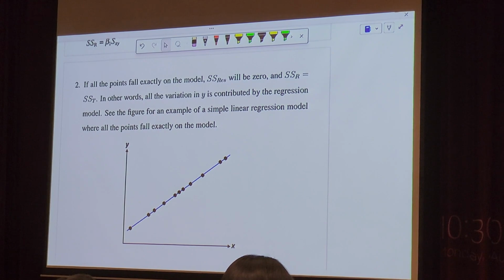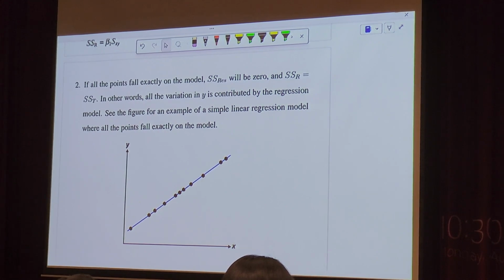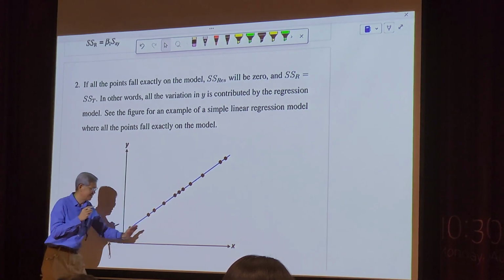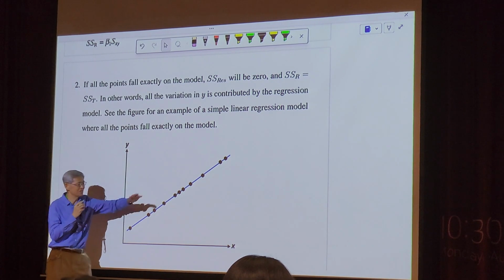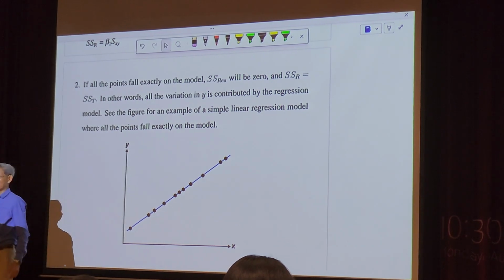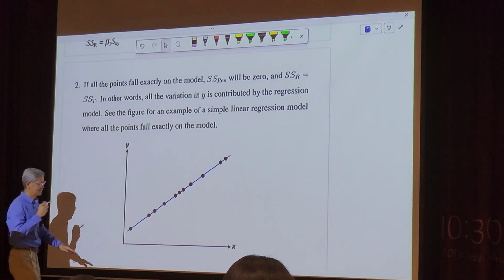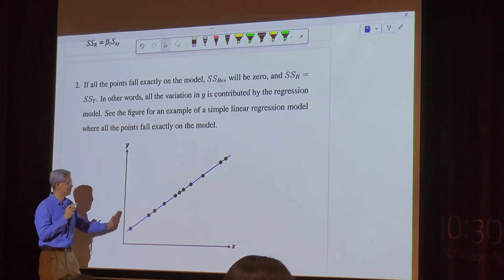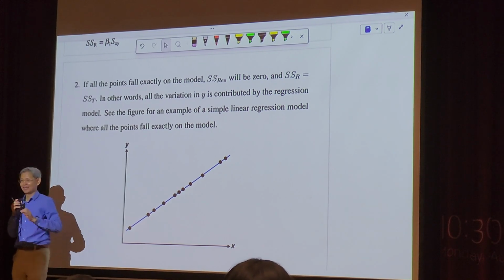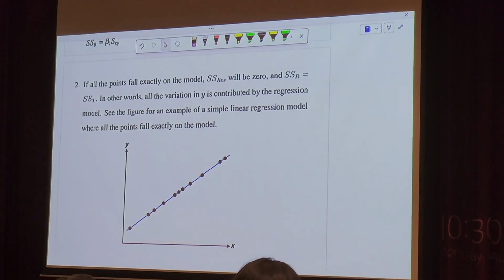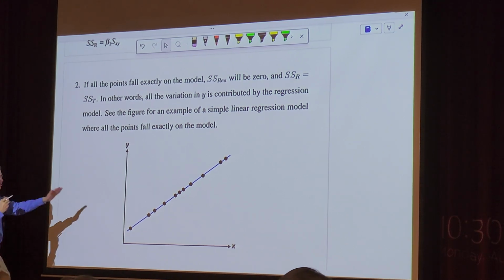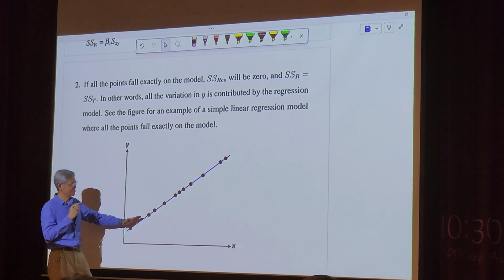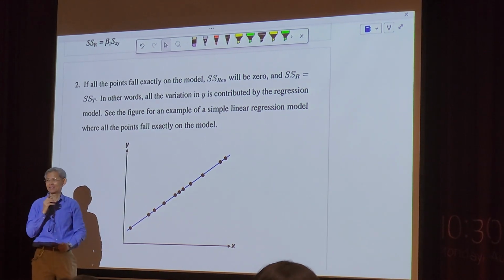Well, we can actually explain it. When I plot it, I find that they all fall on a straight line. That means as x increases, y follows. So y is related to x. The relationship is perfect.